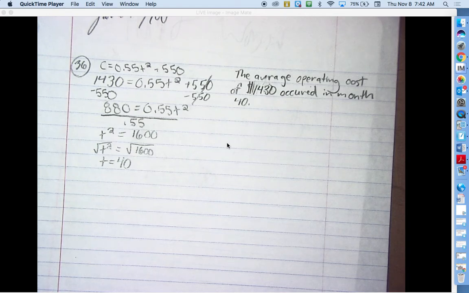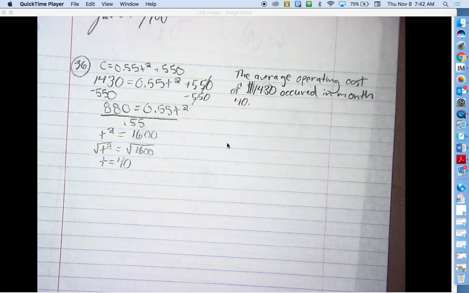So the other one Garrett has is the last one. Okay. So I had 36. I had to find at what month the average operating cost was $1,430.